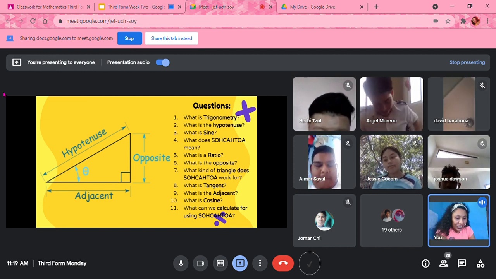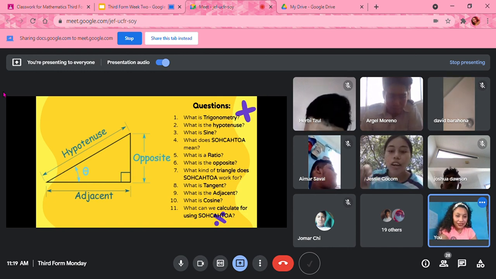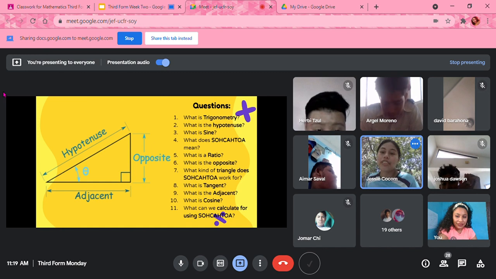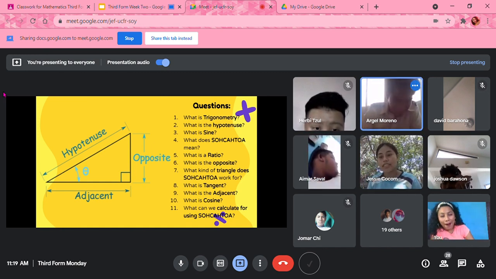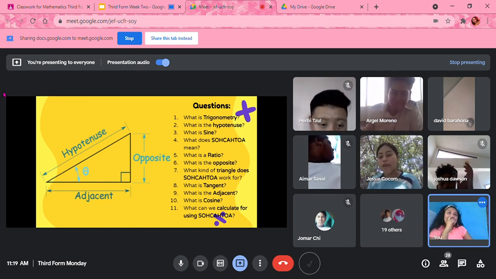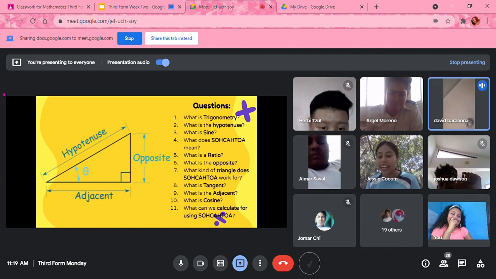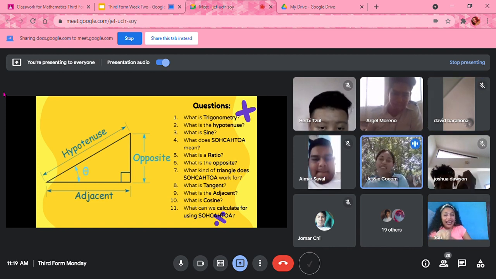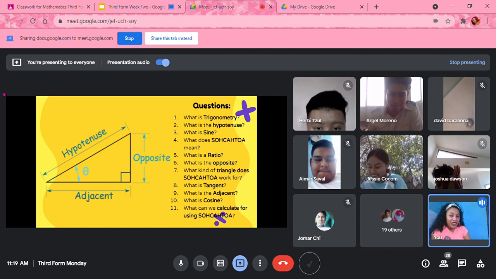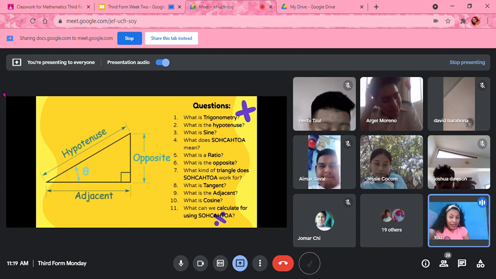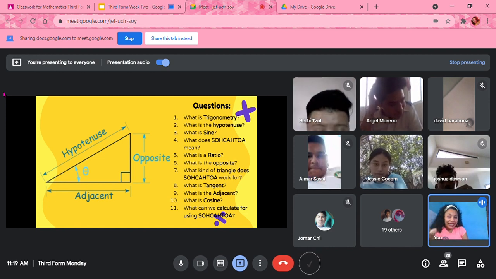What is the adjacent? Look at the picture that I have right there. Which side is the adjacent?